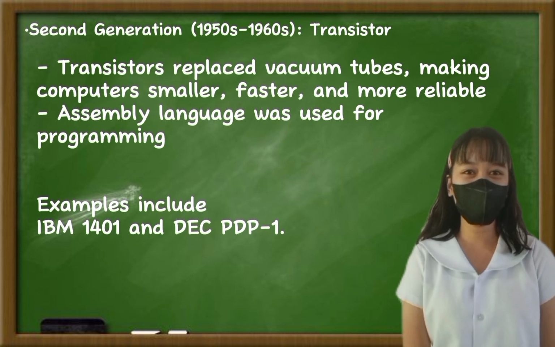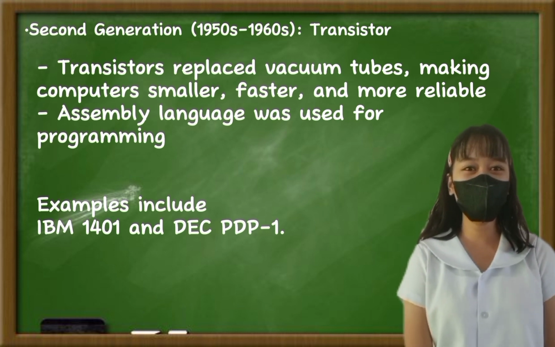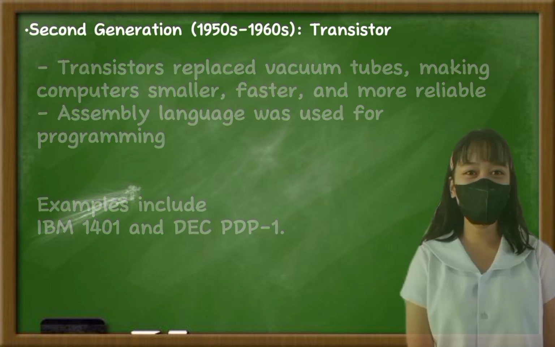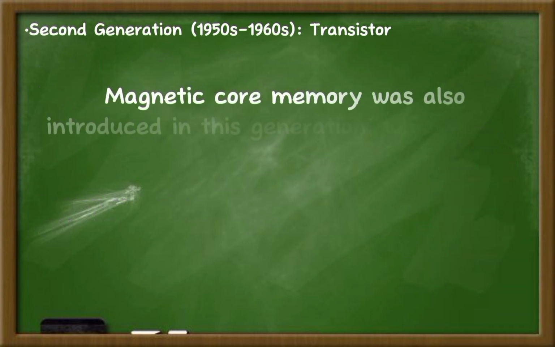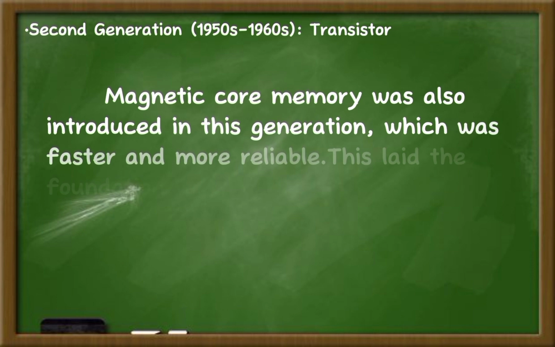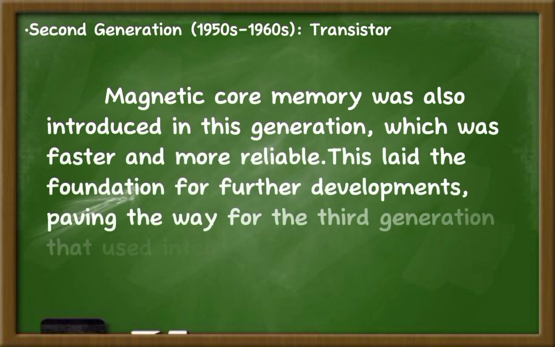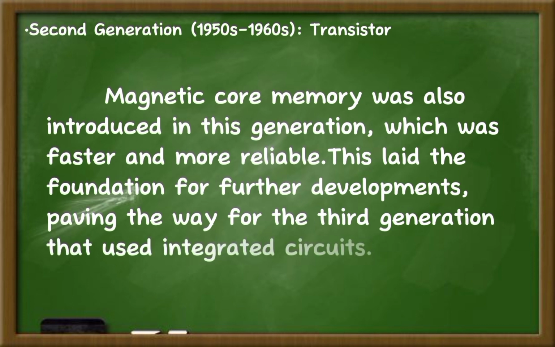Second generation computers were smaller and more portable, making them accessible to a wider audience. Magnetic core memory was also introduced in this generation, which was faster and more reliable. This laid the foundation for further development, paving the way for the third generation that used integrated circuits.